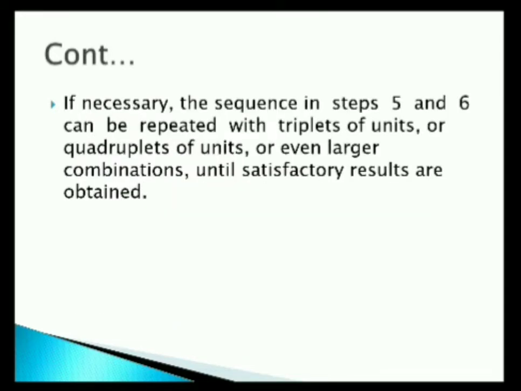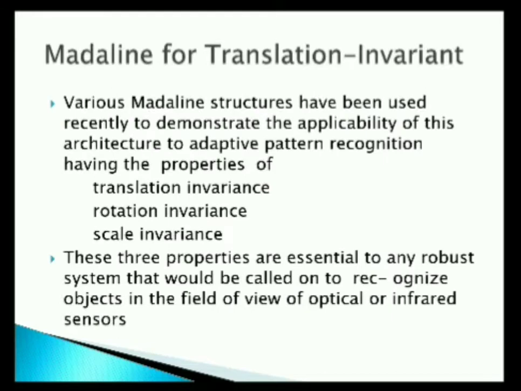If necessary, the sequence in steps 5 and 6 can be repeated with triplets of units or quadruples of units or even larger combinations until satisfactory results are obtained. MADALINE for translation invariance. Various MADALINE structures have been used recently to demonstrate the applicability of this architecture to adaptive pattern recognition, having the properties of translation invariance, rotation invariance, and scale invariance.